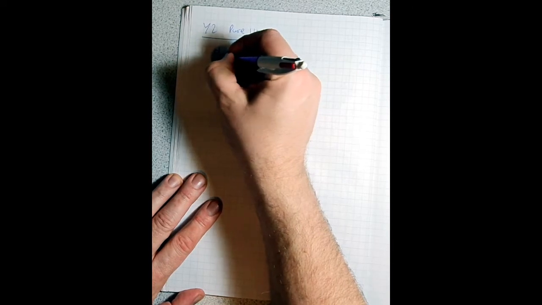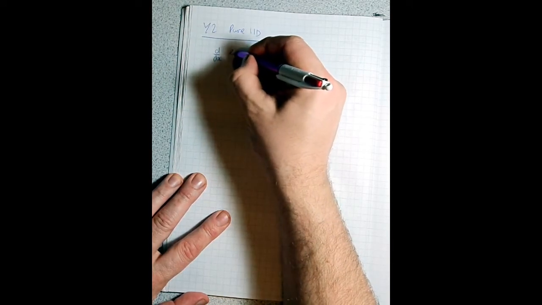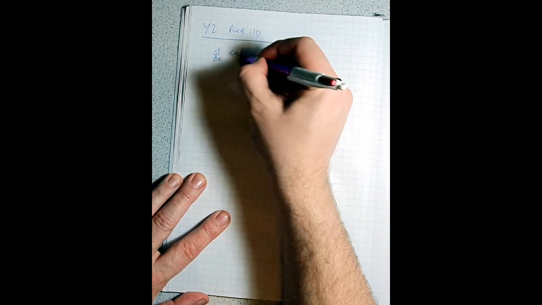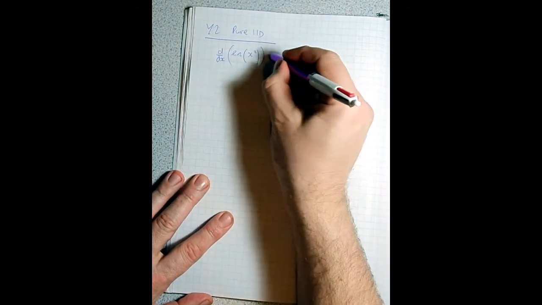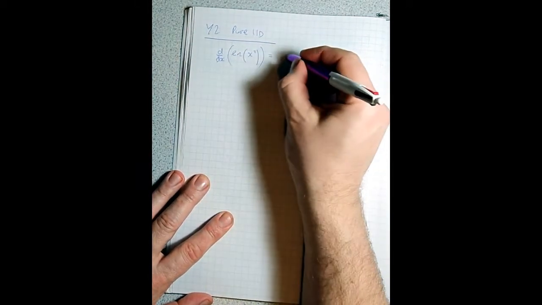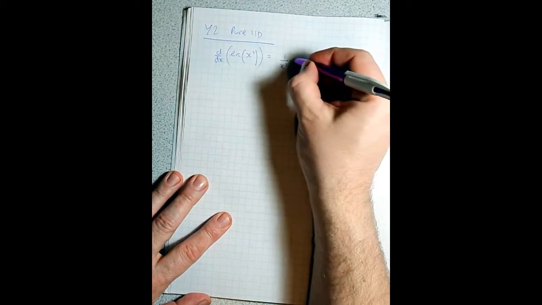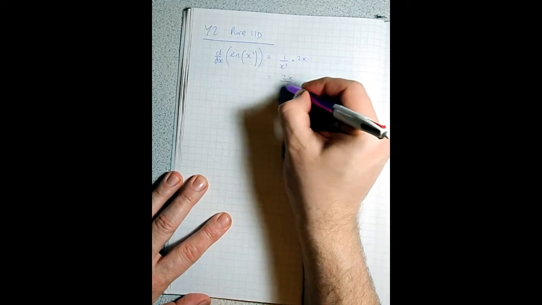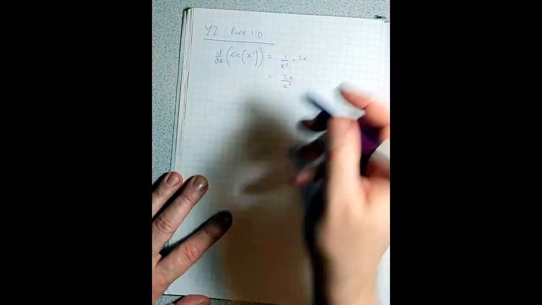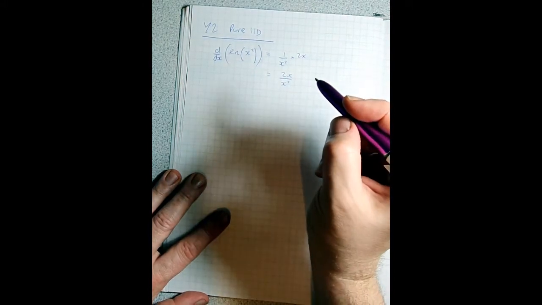If I want to differentiate the log of x squared, for example, I'd use the chain rule, differentiate the whole thing, so 1 over x squared, then multiply by the derivative of the bracket. And of course I could simplify that to 2 over x, but I'm not going to.